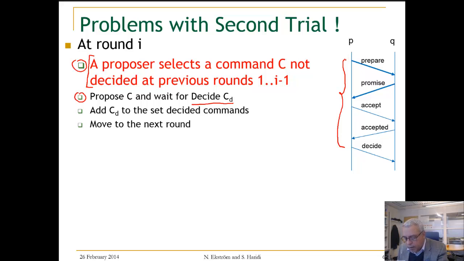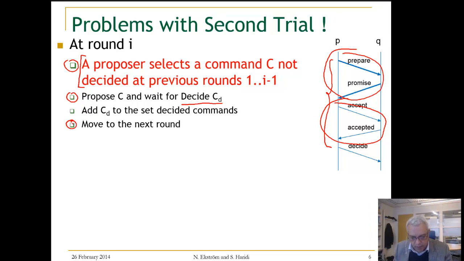One is the prepare round, this part, and one is the accept round. We are going to come back to remind you later with single value Paxos, but the point is that you understand that a node or a process has to wait until it moves to the second round.